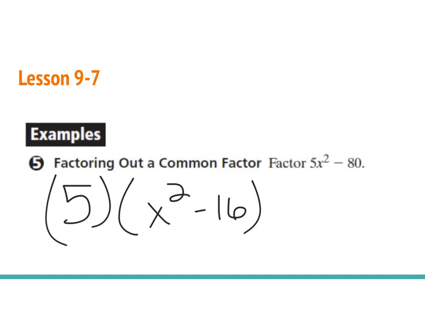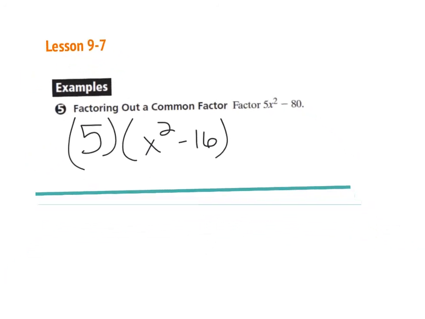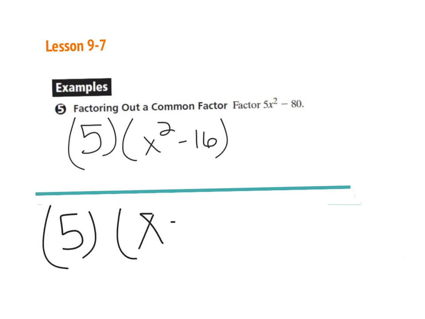So now I can factor it a little further. And again, we're going to have three factors here now: 5, x minus 4, and x plus 4. So sometimes when you don't have the difference of two squares, look for a GCF and see what's going on.